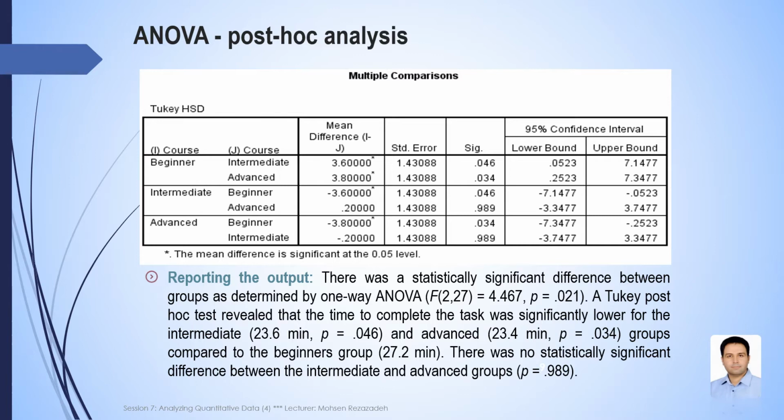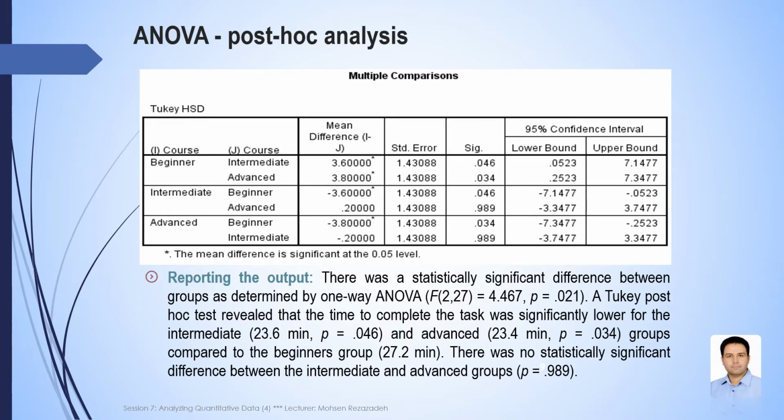And also beginner and advanced, again sig equals 0.034, and intermediate and advanced, row number 4, is 0.989. Here the difference between intermediate and advanced is not significant because the sig is higher than 0.05.